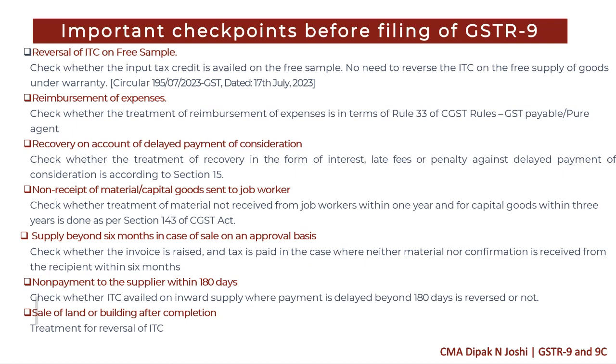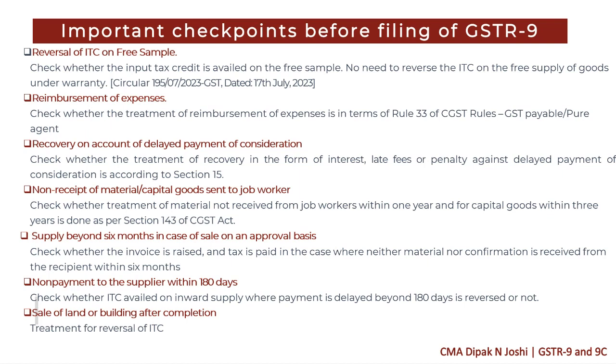Now, the next important point is sale of land and building after completion. We all know that sale of land or building after completion is part of Schedule 3, and Schedule 3 is about non-GST supply. So in case of non-GST supply, one is required to reverse the common ITC on input services and capital goods under Rule 42 and Rule 43.